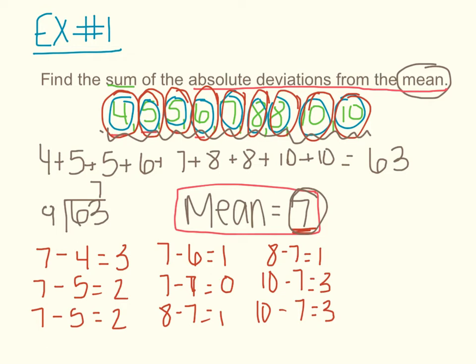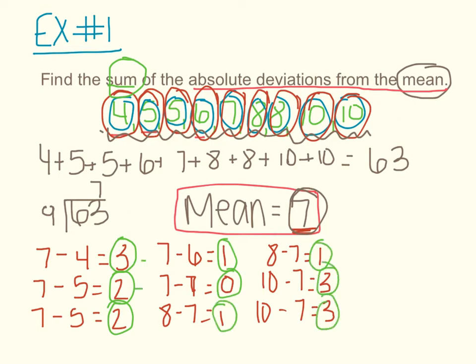Now, last step, since they wanted us to find the sum, we add up all of our answers that we just got. Okay, so 3 plus 2 plus 2 plus 1 plus 0 plus 1 plus 1 plus 3 plus 3, which gives us 16 as our final answer.